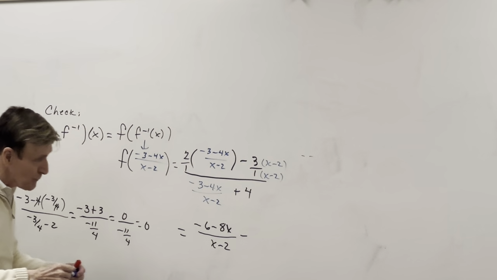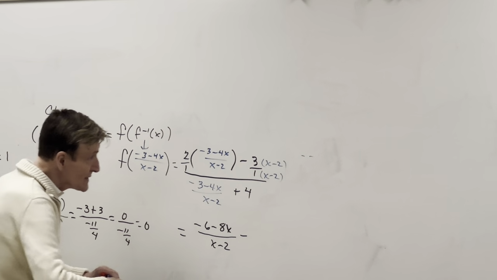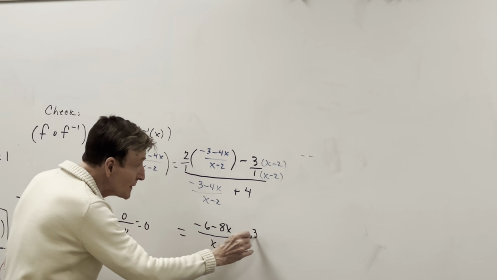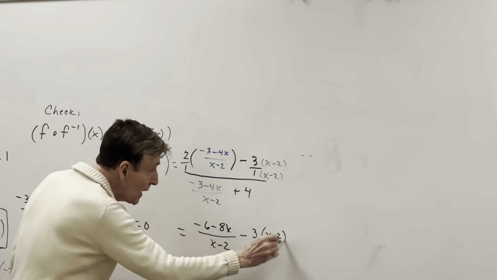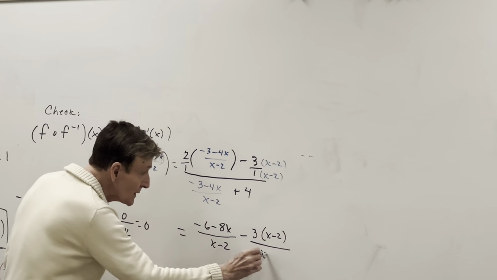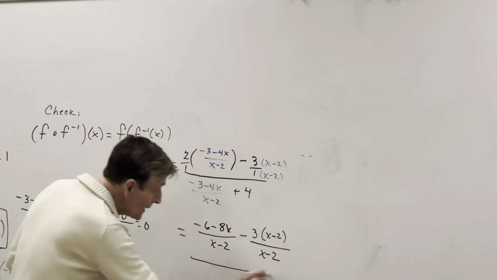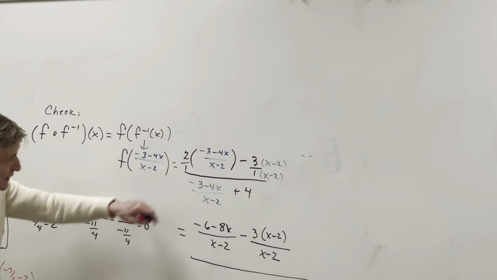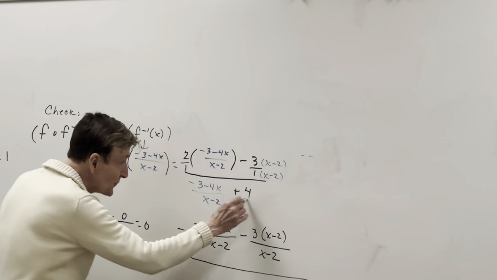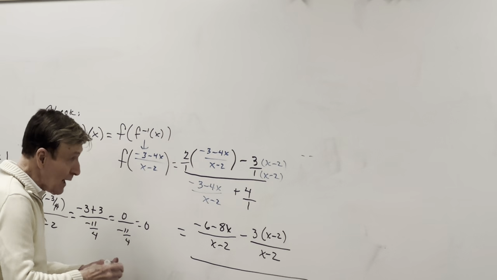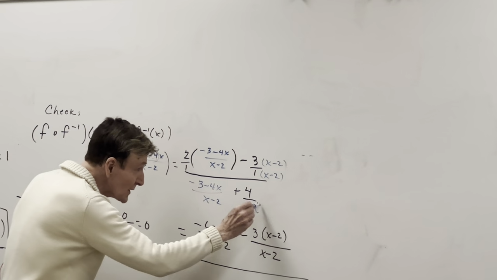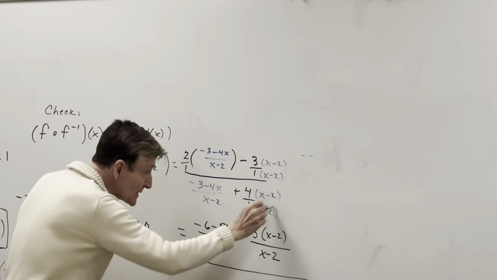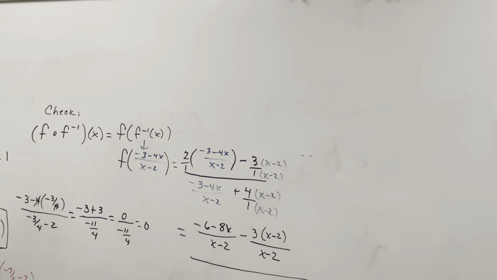Like that. And now I've got this, be very careful, -3 times this, all over this. I cleaned up a little bit here, hoping for the best. Let's think of this 4 as 4 over 1. I need a common denominator there, so let's rewrite it. It's still 4, but that's my common denominator.